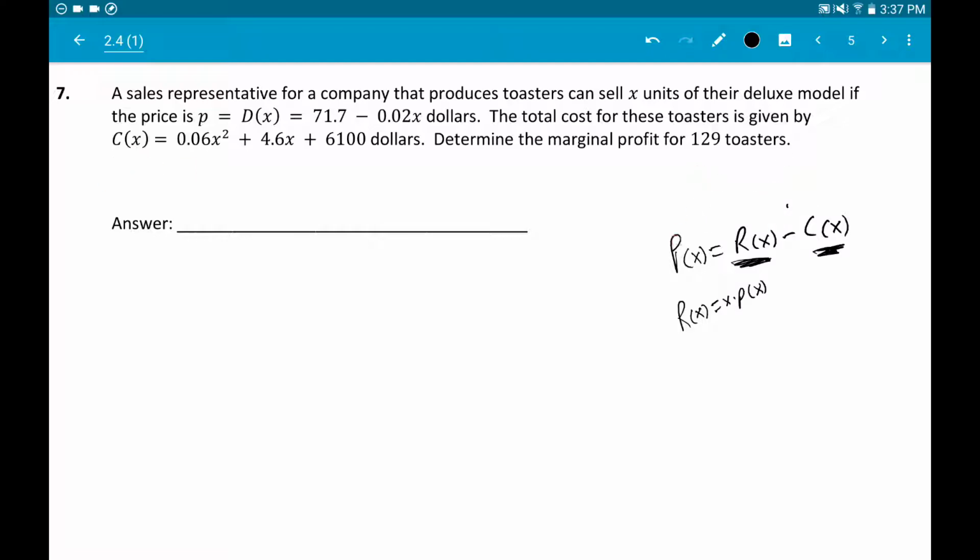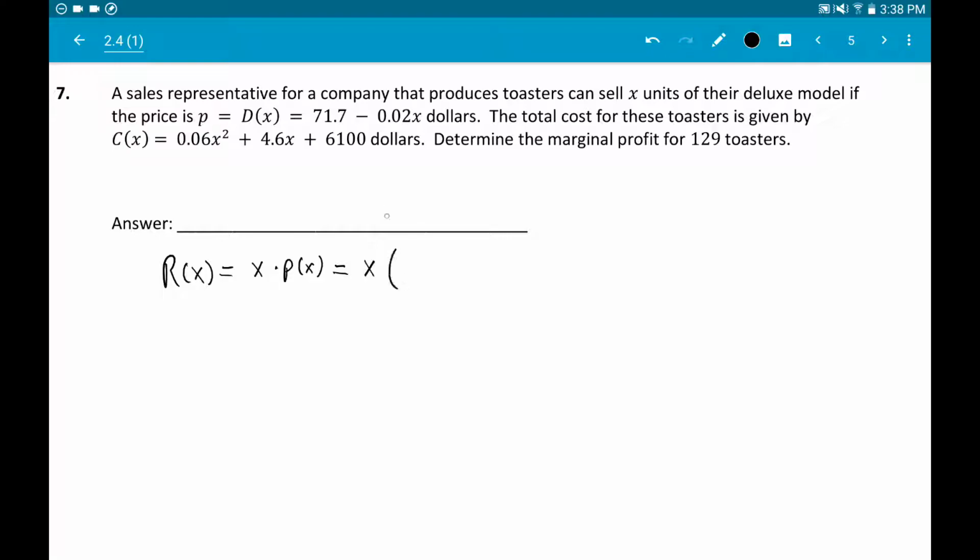Okay, so let me start with a clean page here. Let's start off with getting the revenue function. Revenue is going to be x times price. So again, in our case, that's x times 71.7 minus 0.02x dollars. And go ahead and multiply out there.